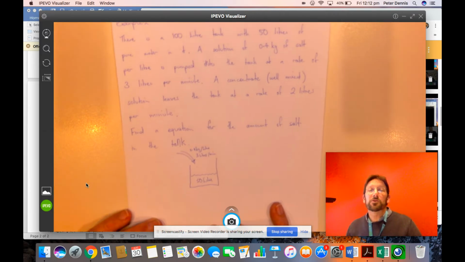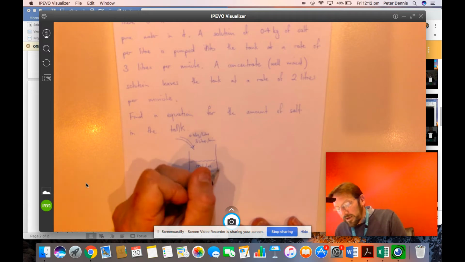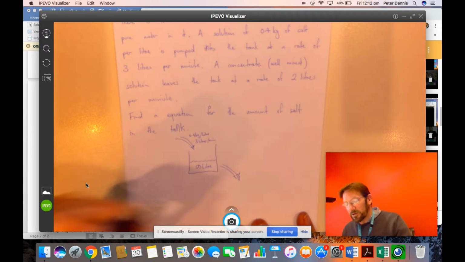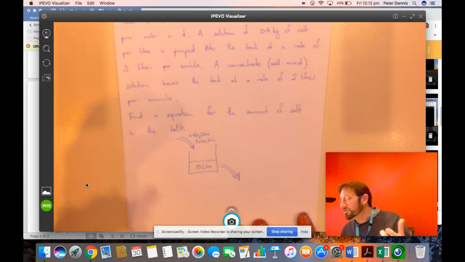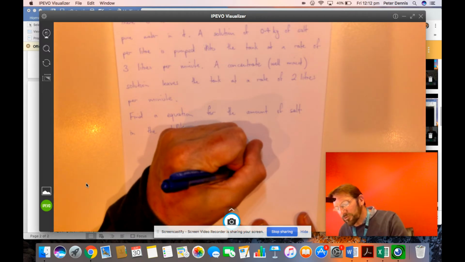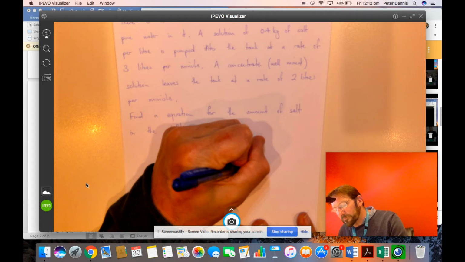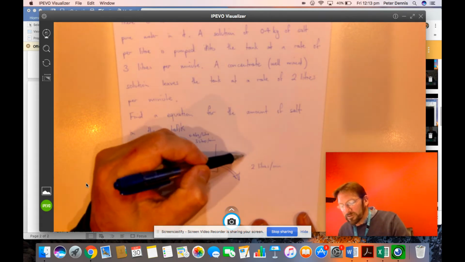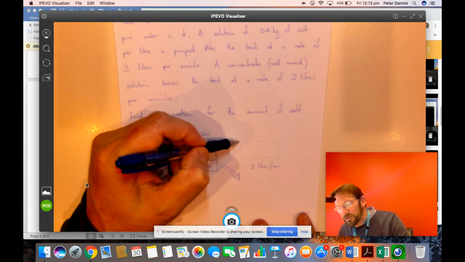It's a bit small, but the solution going out is a well-mixed solution. So that's the concentration times the flow, which is 2 litres per minute. So the hard bit is, what is this concentration going out?